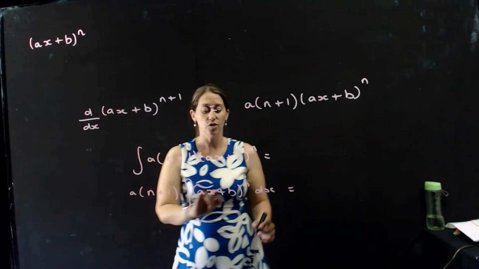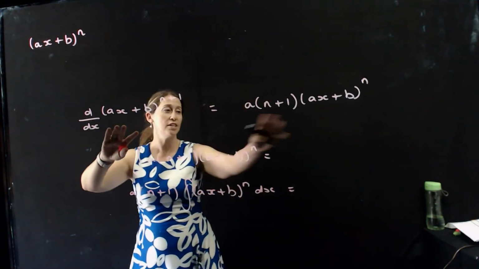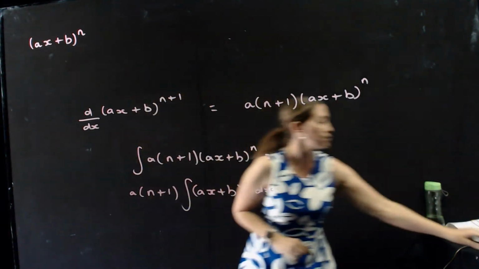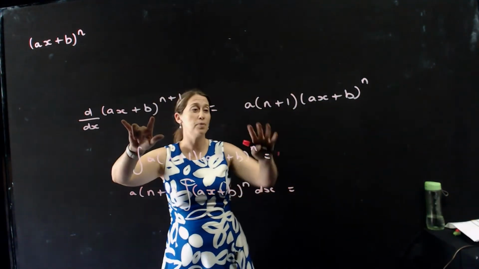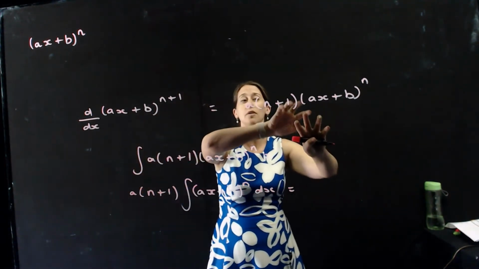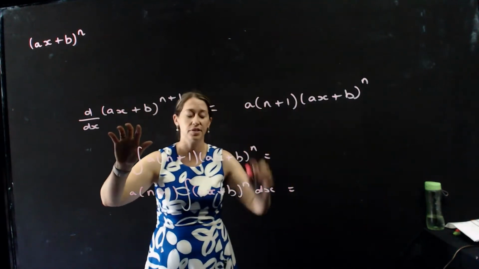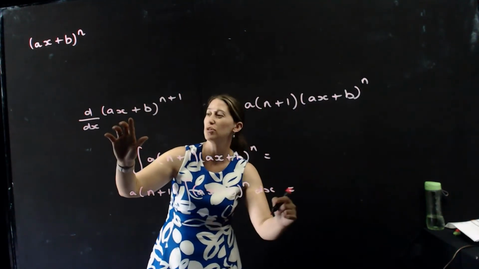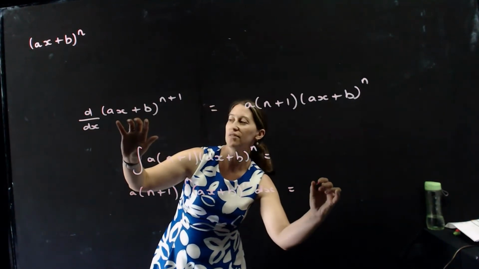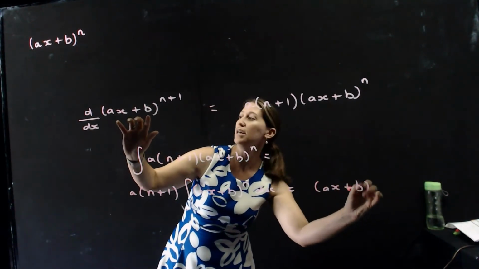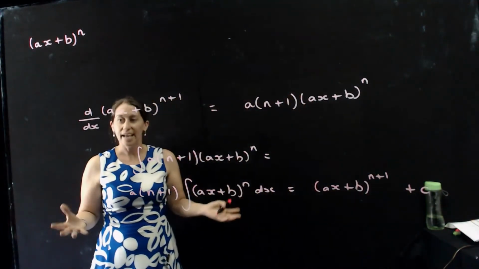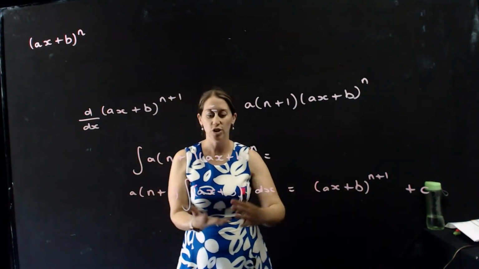So when I do that, I can now look at, well, what did I do up here? Can I pull together some kind of result? Well, I do know that this differentiated gives me that, so therefore this integrated will give me that plus the constant c. So I'm now going to write this result, because remember I'm just integrating this part, as this here, which is (ax + b) to the power n + 1, plus c. Now I've created an equation with this result.